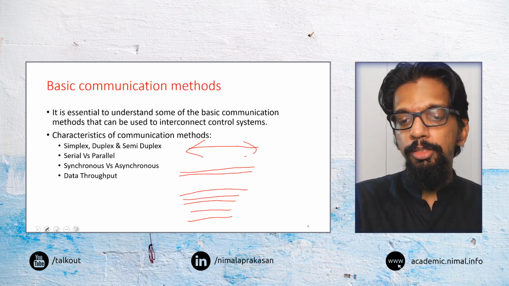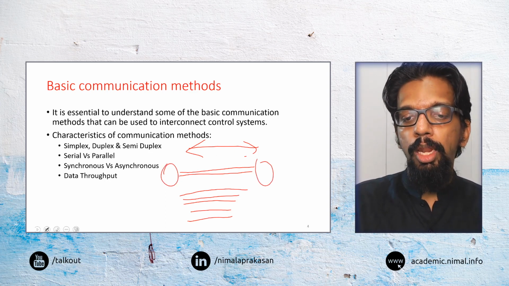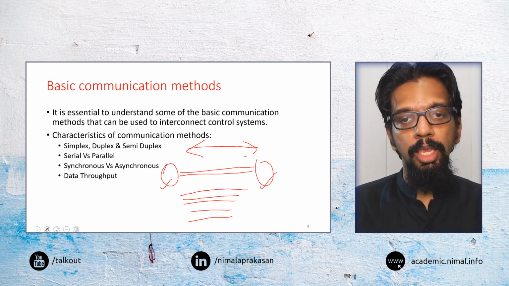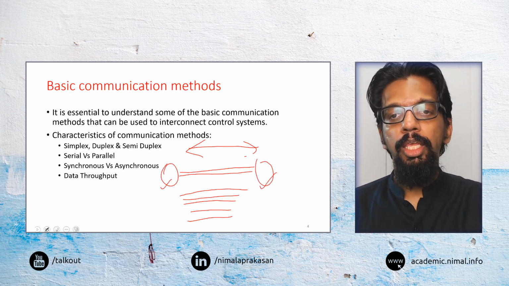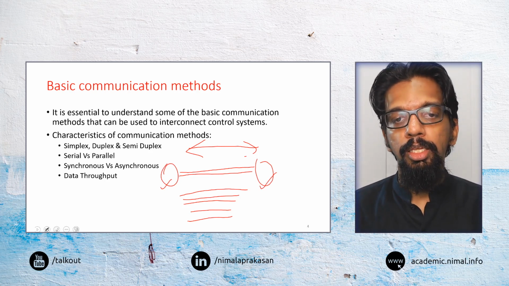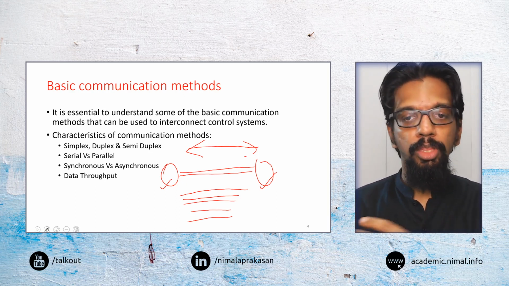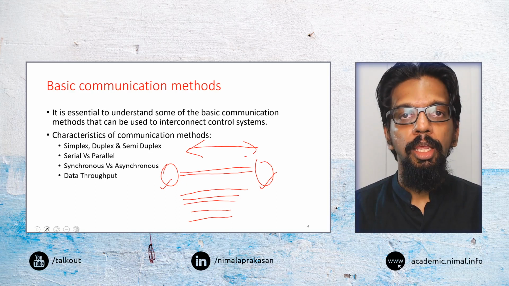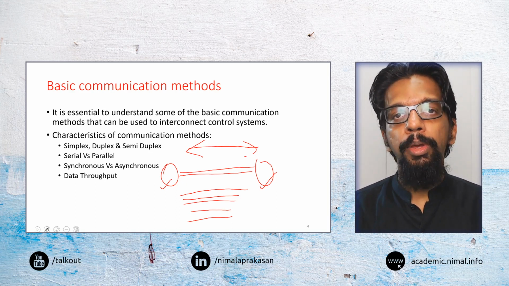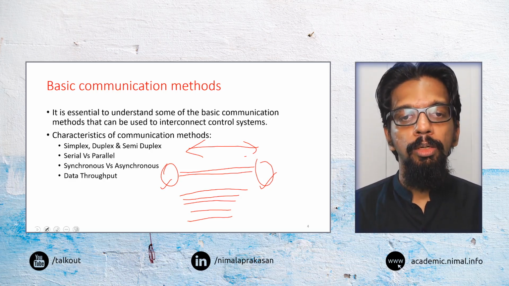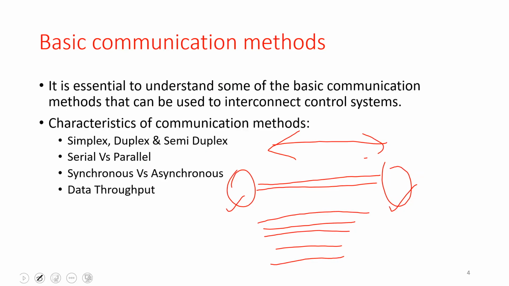So synchronous means the nodes at both ends need to be on the same time scheme so that they can send and receive without any issues, whereas asynchronous means they can send without having that common time understanding. Then one of the common things of all these communication approaches would be data throughput. So there, what we would be interested in is the amount of data that could be sent through the network over a period of time.